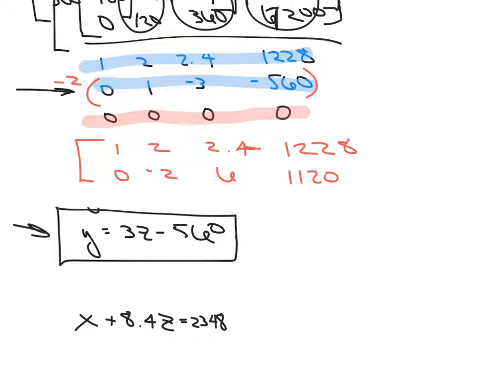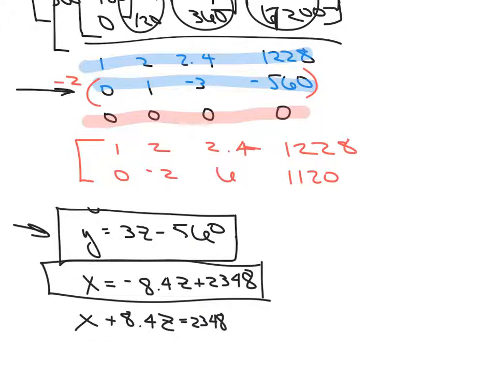Now I have X equals, I'm going to move this over. Okay, so there's my two equations. This one is from my top row, this one's from my middle row. So now I have Y equals 3Z minus 560, and X equals 2348 minus 8.4Z.